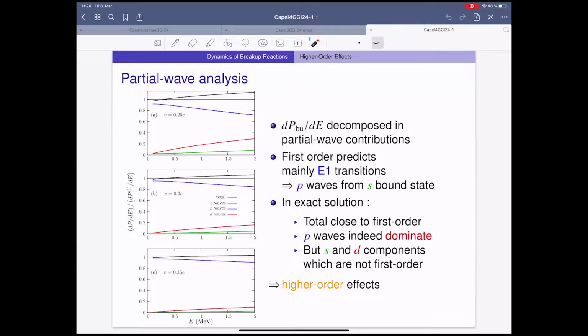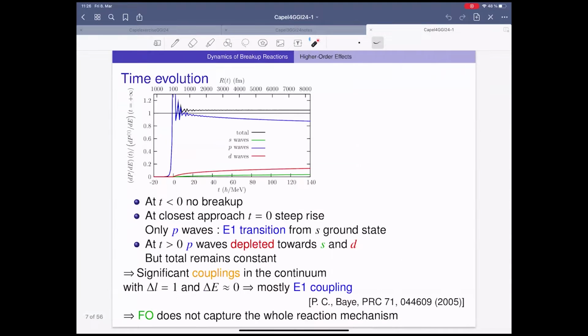So what we did is look at the wave function and this breakup probability evolving with time. We have this semi-classical vision, and this is what is shown here. This is the breakup probability as a function of time. Time 0 is the time of closest approach between the projectile and the target. And this is the distance between them as a function of time.